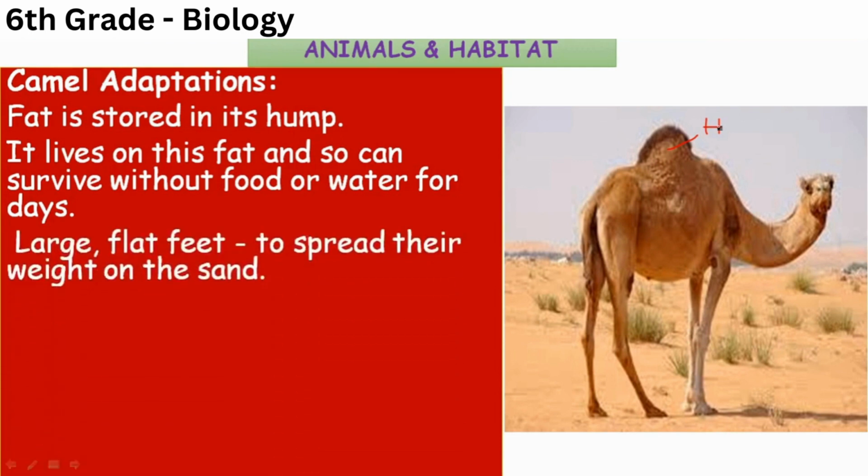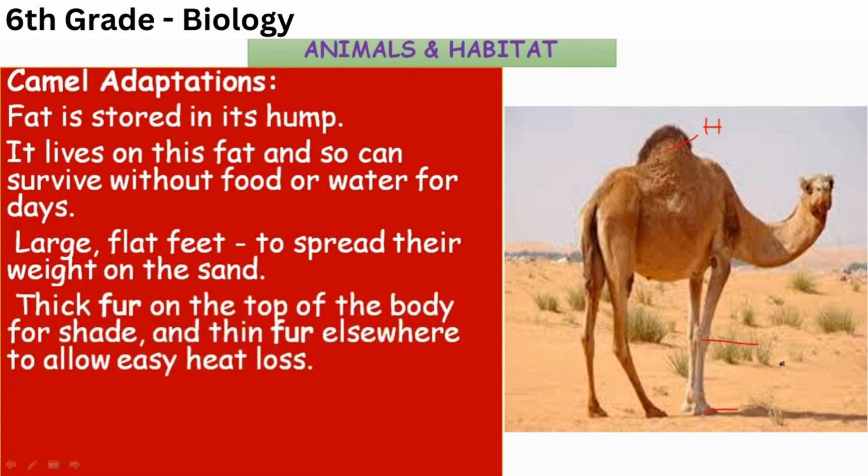A large flat feet, okay, strong knees, pad like, to spread their weight on the sand. A thick fur on the top of the body for shade, and thin fur elsewhere to allow easy heat loss.